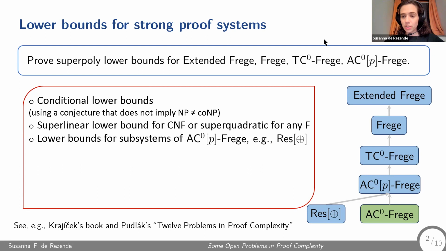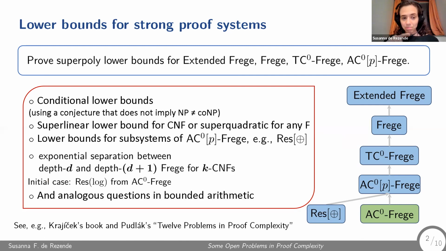And we can also consider subsystems of weaker proof systems. So for example, a subsystem of AC0 Frege would be Res(parity). And even for this much simpler proof system, we don't know how to prove super polynomial lower bounds.